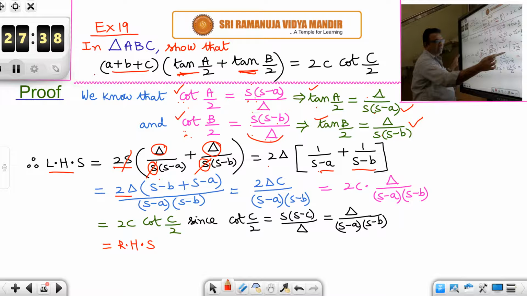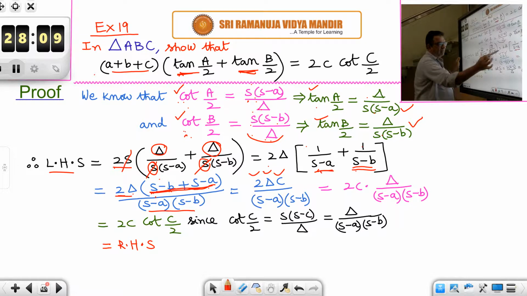Here I take the LCM. S minus A into S minus B is the LCM. You will get S minus B plus S minus A. But what is S plus S? 2S. 2S is nothing but A plus B plus C, minus A minus B. So therefore this is all nothing but C only, small c. 2S is A plus B plus C minus A minus B. So all this bracket is equal to C. 2 delta outside.